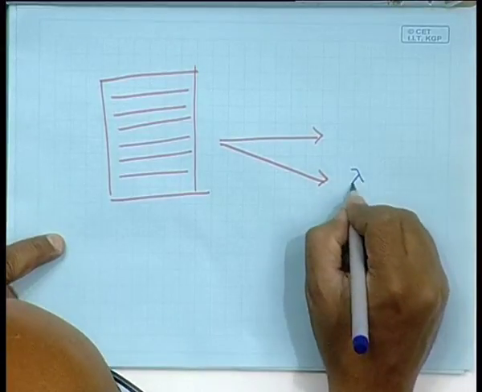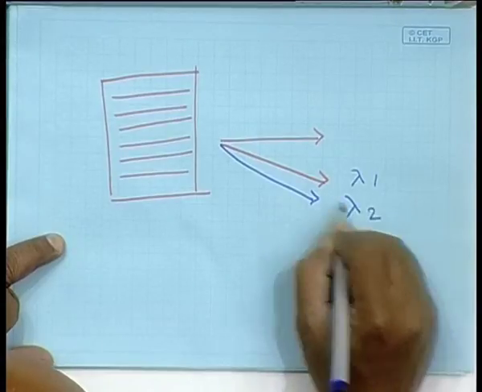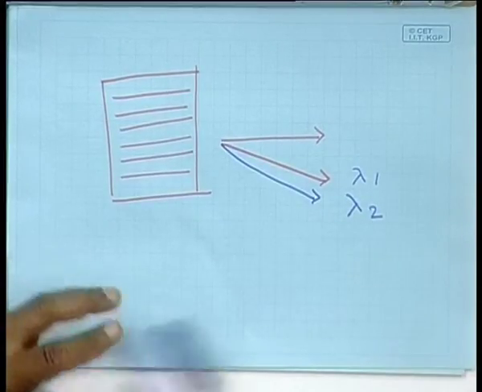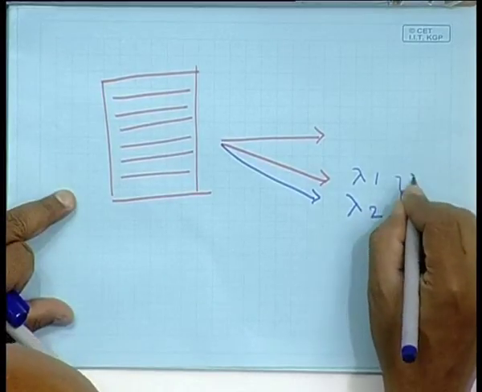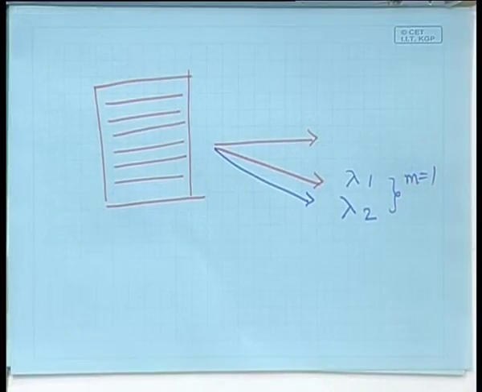For a wavelength lambda 1, let us say it occurs here, for a wavelength lambda 2, it will occur at a different angle. For wavelength lambda 3, it will occur at a different angle. These are all m equal to 1, and m equal to 2 will occur elsewhere, and so forth.